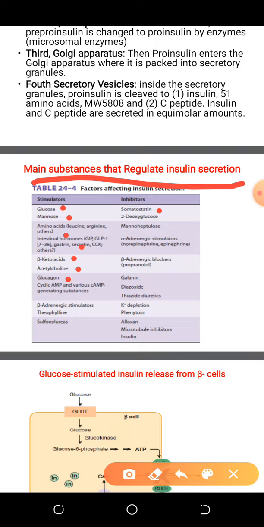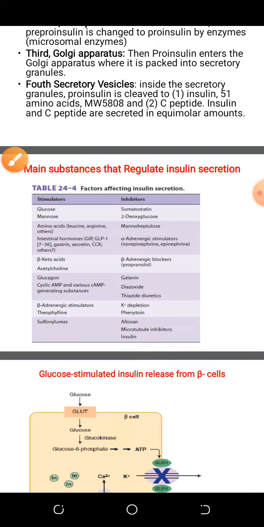We also have glucagon, which stimulates insulin secretion. We also have drugs such as sulfonylureas, which also stimulate insulin secretion. So these are used in treatment of diabetes mellitus. It's just important to know this.